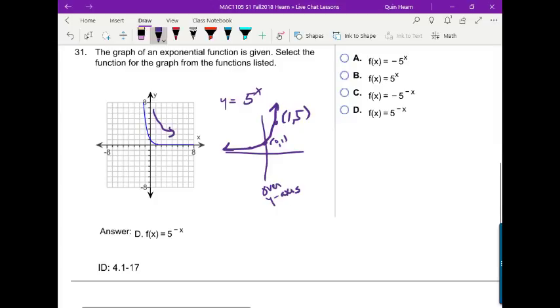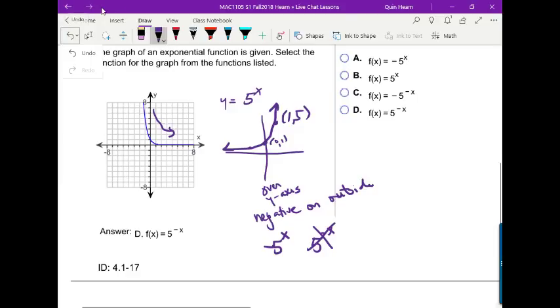Now, in order to flip over the y-axis, we have to have a negative on the outside of the function. Right? So, for example, negative 5 to the x, not 5 to the negative x. That would give you flipping it over the, oh, I take that back. I'm saying that wrong.